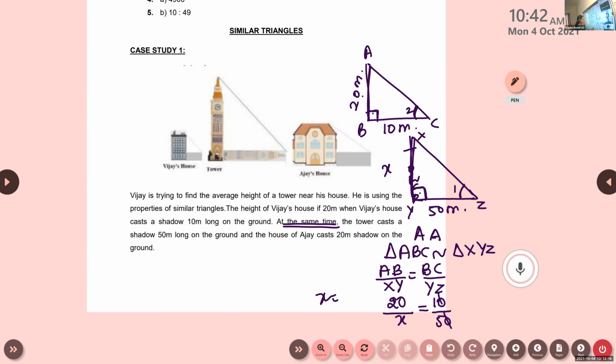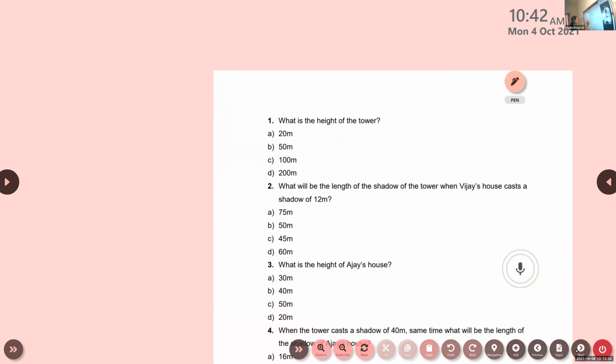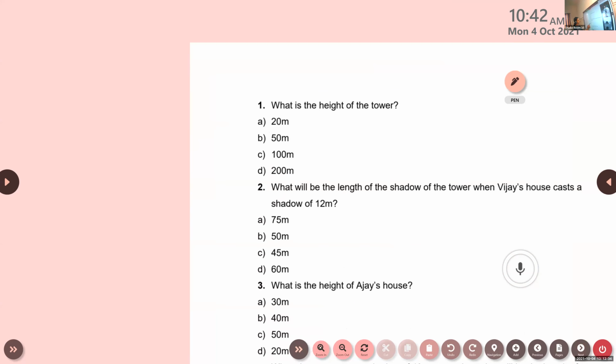Yes, X is 100 meters. So height of the tower is 100 meters. Is it correct? Are you getting this answer, Adidev? Yes, ma'am. Adi Amin? Is it 100 meters? Yes, so option is C, isn't it?